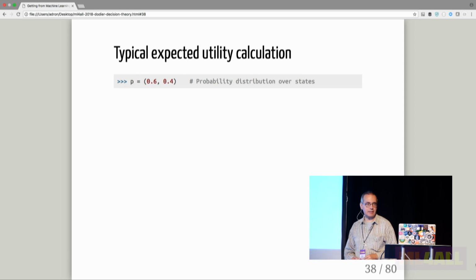I apologize that the text might be a little hard to read, but we'll go through this in detail so that I hope that it will become clear. So the first part of our expected utility calculation is to assign probabilities over possible outcomes.